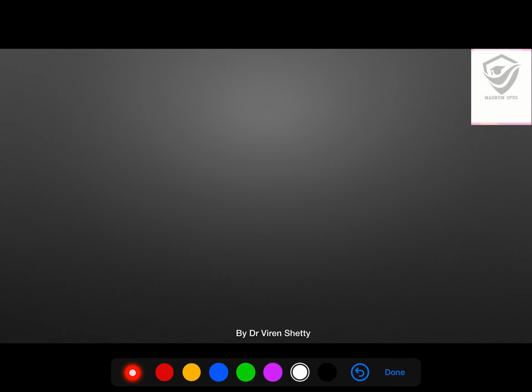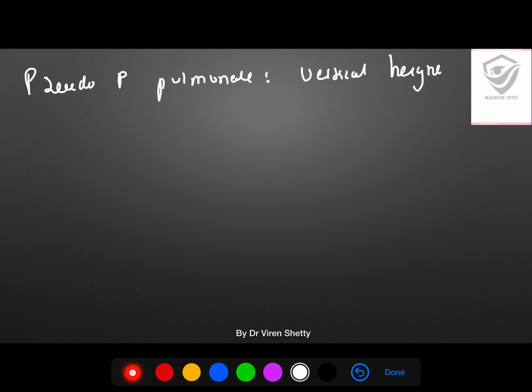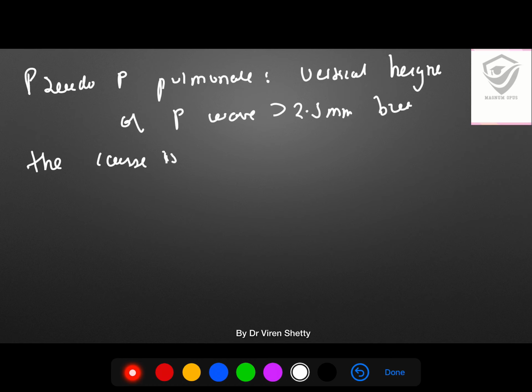There is a concept called pseudo P pulmonale. What is pseudo P pulmonale? It is when the vertical height of the P wave is more than 2.5 mm, but the cause is not pulmonary artery hypertension.